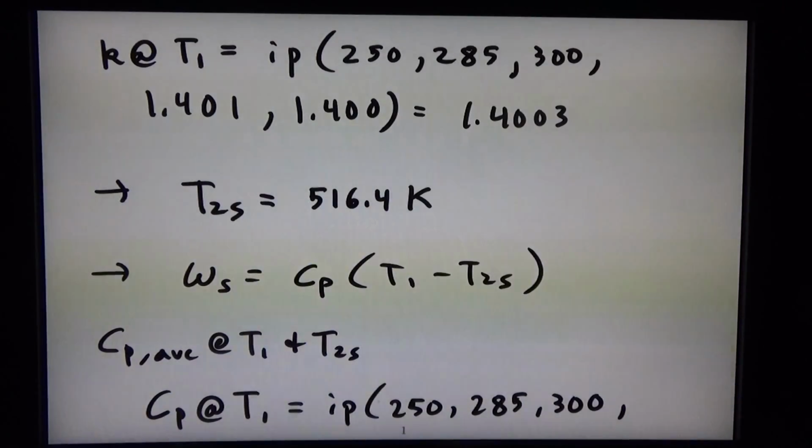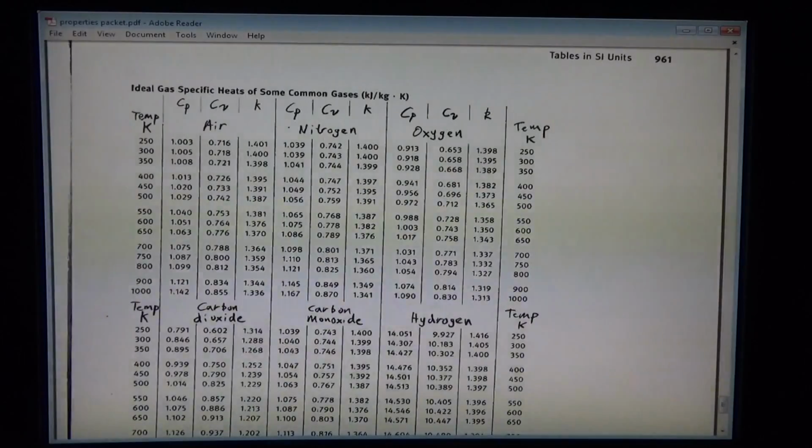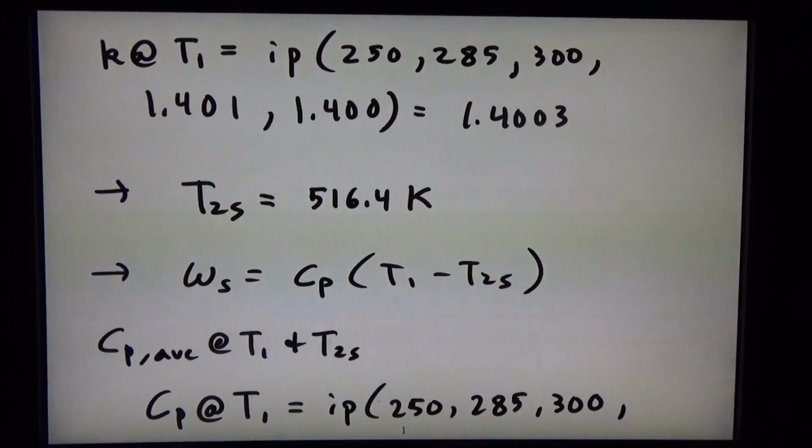Keep going on the next page. 1.003, 1.005. C sub P at T2S. Also going to need to interpolate here, T2S is 516.4.